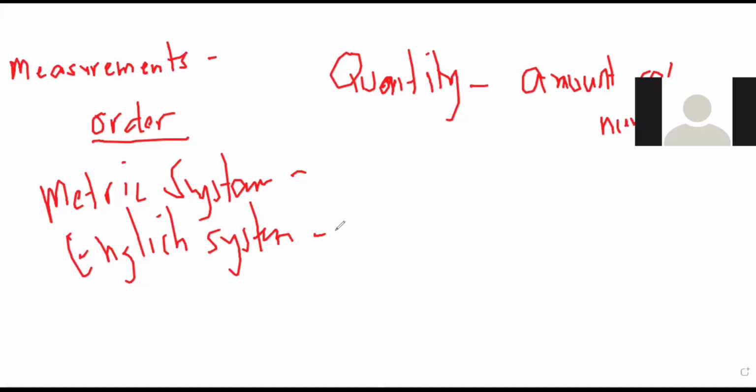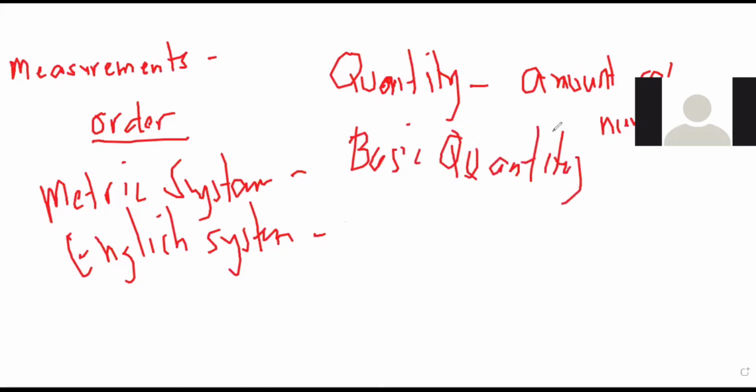But this quantity class has different kinds, or there are actually two kinds of quantity. It could be a basic quantity, basic because we use and measure it every day.